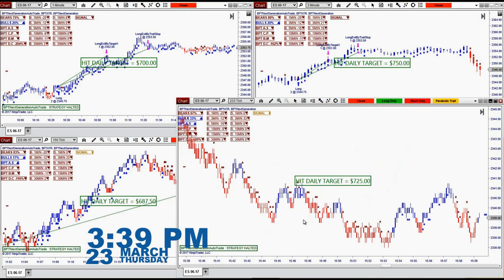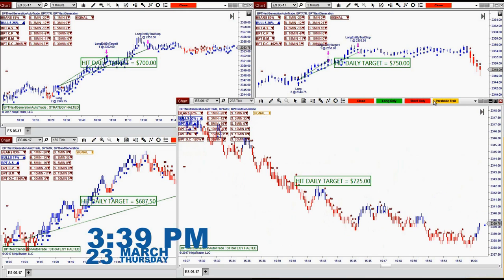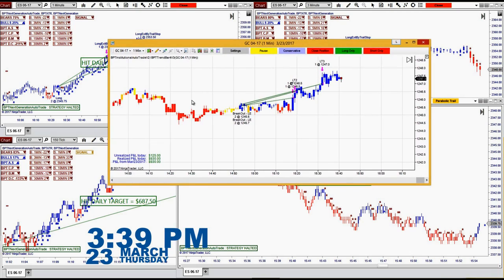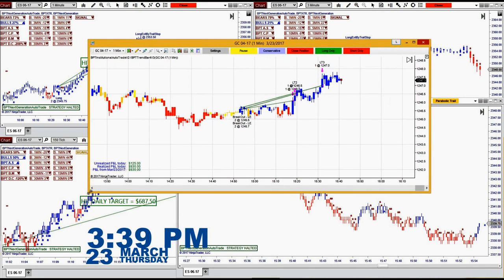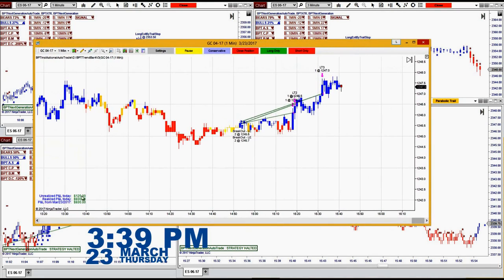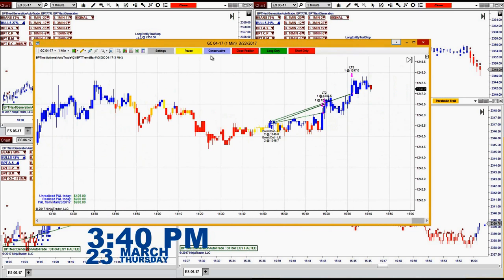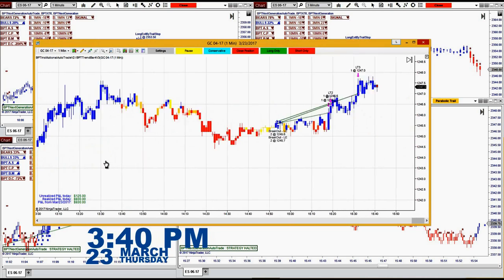Because of NinjaTrader, the only thing we couldn't do with it is taking the conservative trade, like on NT7. If we look at that chart here, I had it on conservative, but a while ago I turned it off.